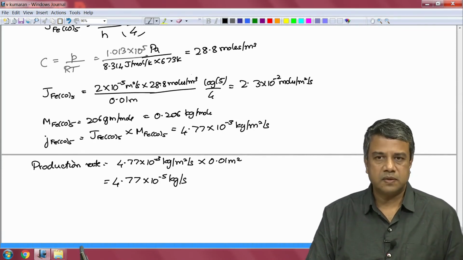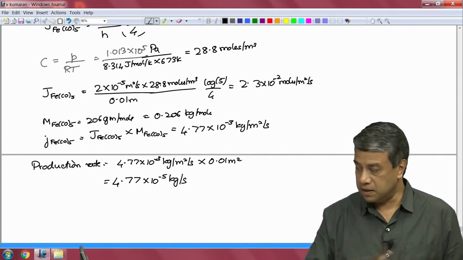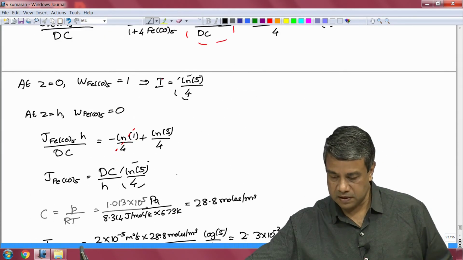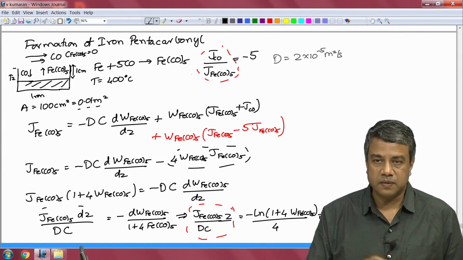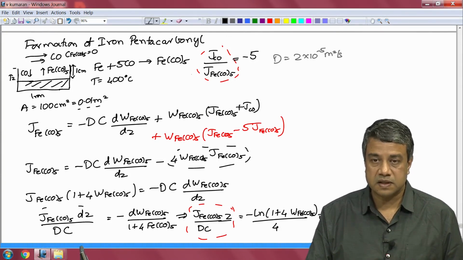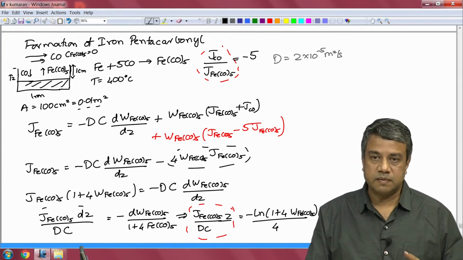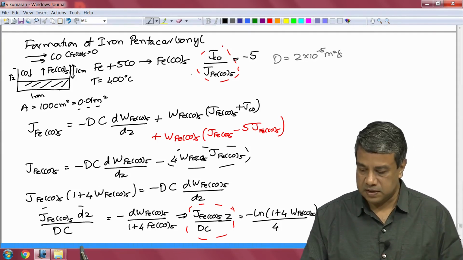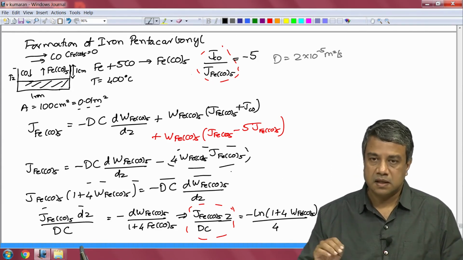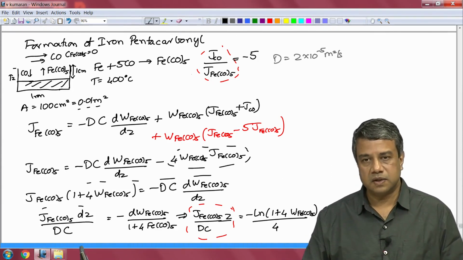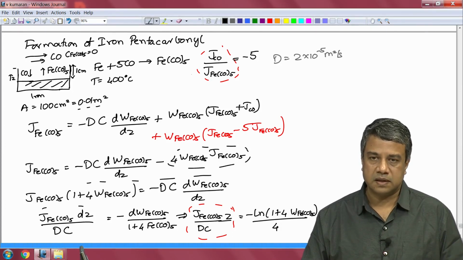So, this is an example of a case where we have binary diffusion, where there is a significant mean flow rate generated by diffusion, because the number of moles coming downwards has to be 5 times the number of moles going upwards, and that makes a significant contribution to the mass flux. That ratio is obtained only from the reaction stoichiometry. We had simplified the problem so that there is instantaneous reaction at the bottom surface.